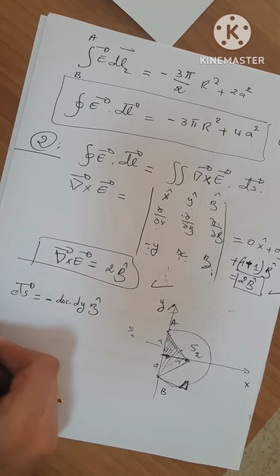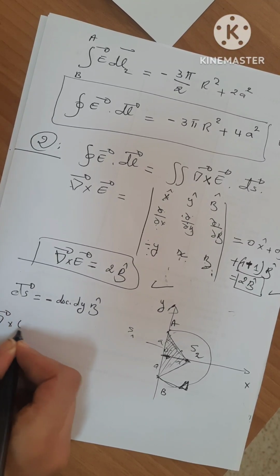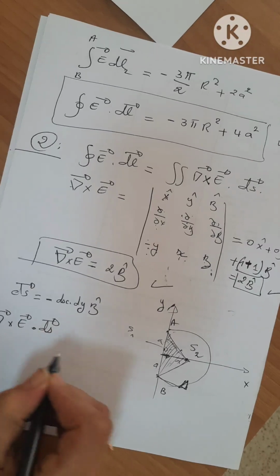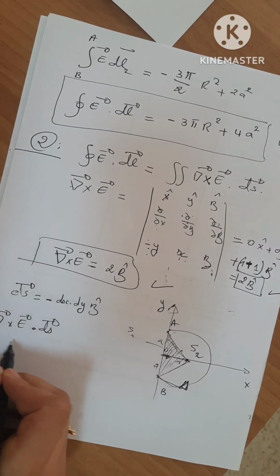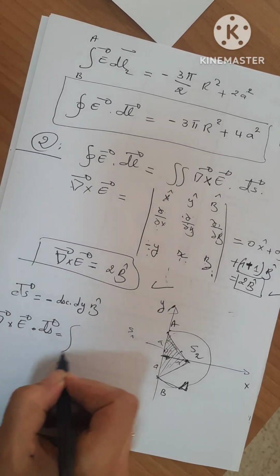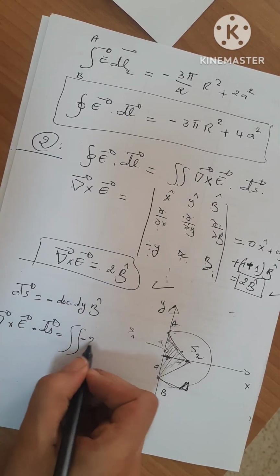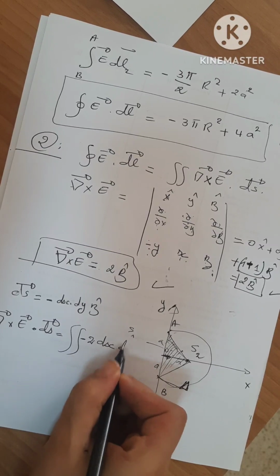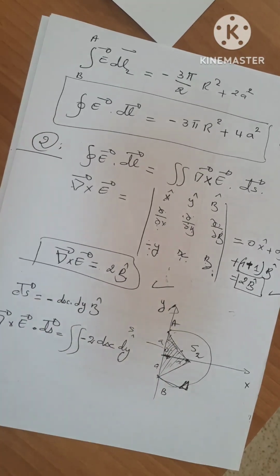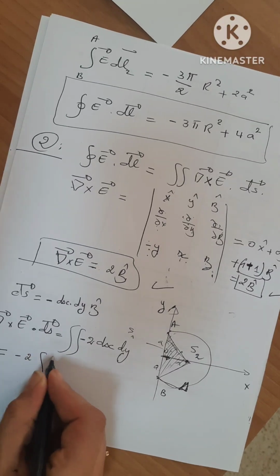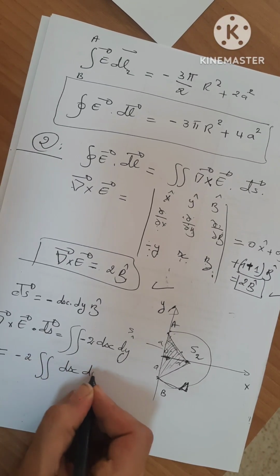Now, if we try to find the curl of E ds, it is the double integral of minus 2 dx dy. Z dot z is 1, okay, minus 2 dx dy.